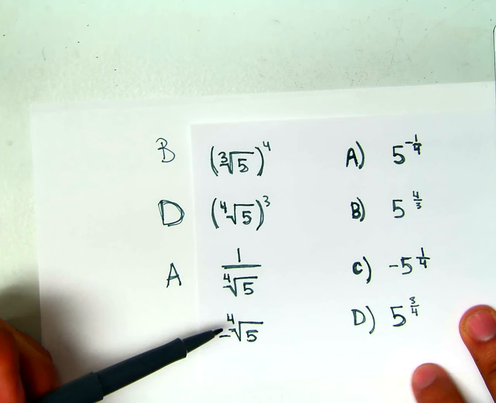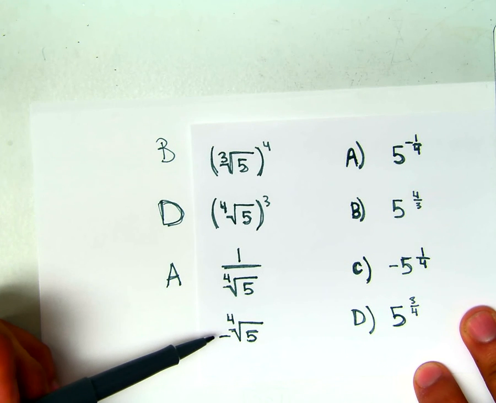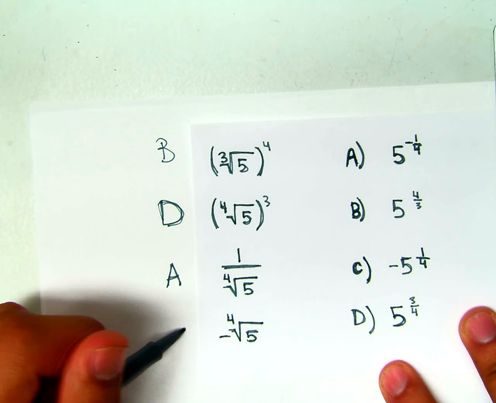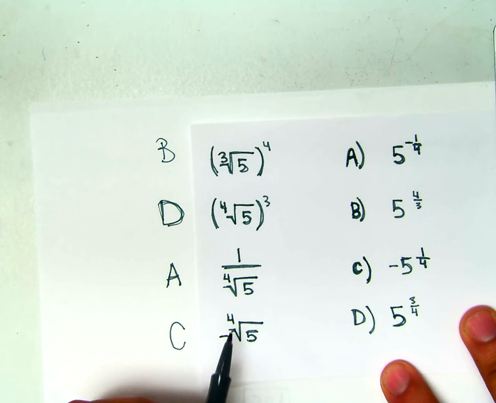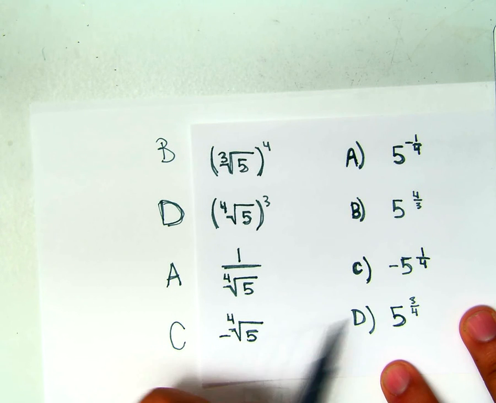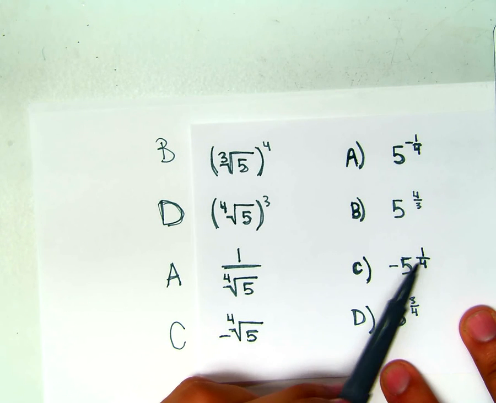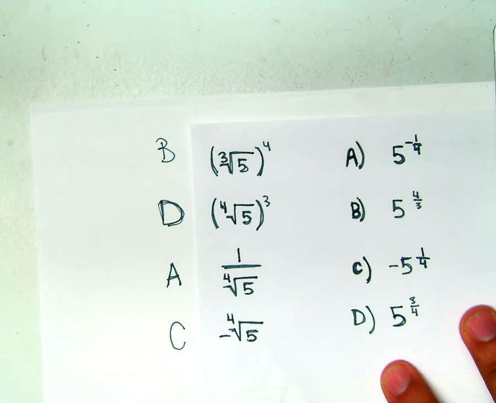Okay, now this one is obviously the last one, so it's C. And the reason why this negative doesn't necessarily affect anything is because it's on the outside. So that negative just stays on the outside. And then this 1/4 is the 4th root, so we just write it as a root, as a radical. Does that make sense?